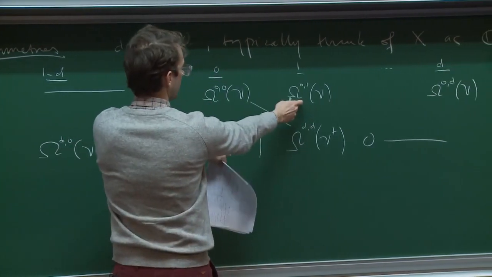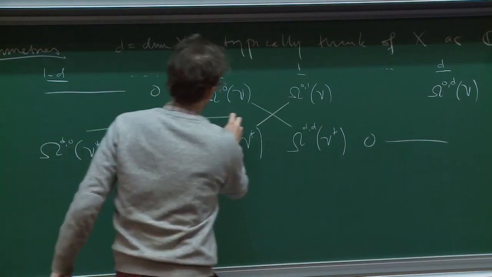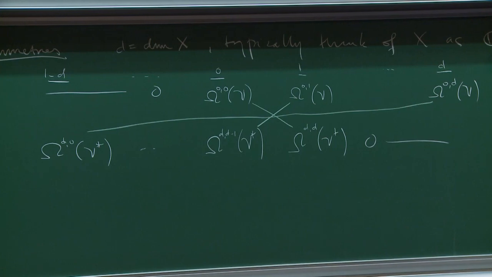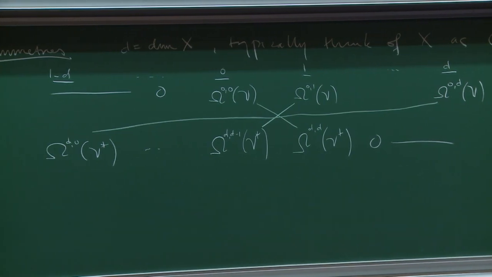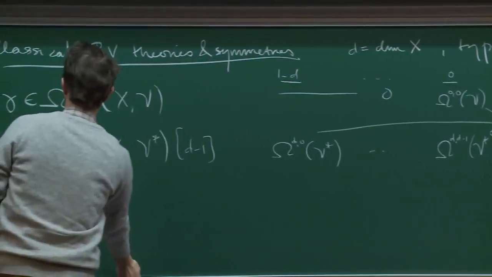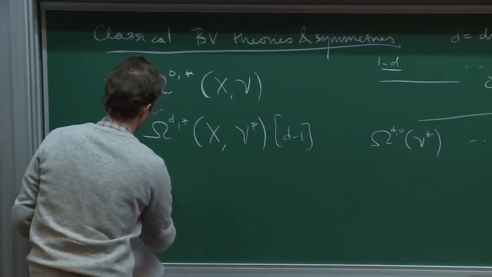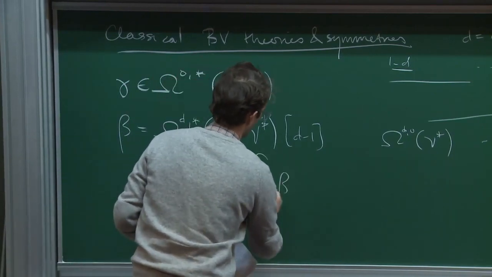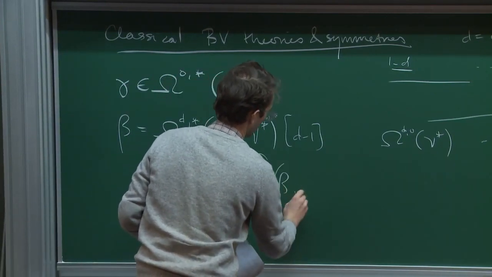The antifield of this field is here. These are partnered up as antifields. So there's this pairing, if you'd like, on the fields, the evaluation pairing on V.